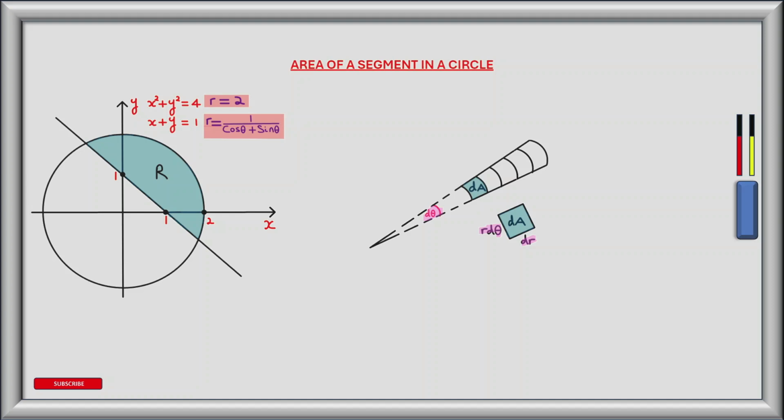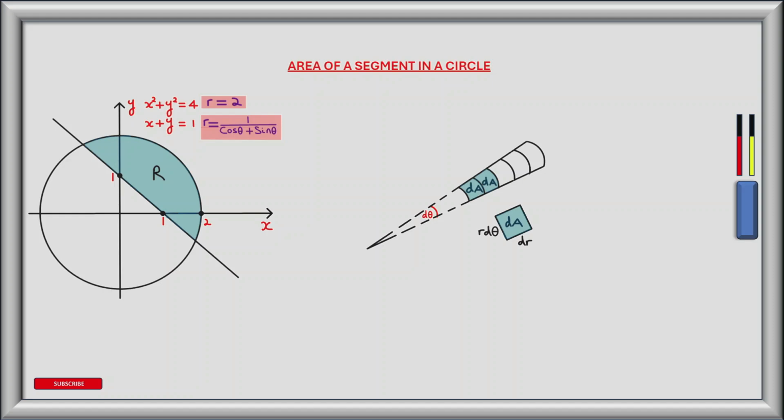To find the total area of the sector, we integrate or sum in the r direction. For this exercise, when we sum or integrate in the r direction, we begin at the point where the line cuts the circle. So where r equals 1 divided by cos theta plus sin theta.